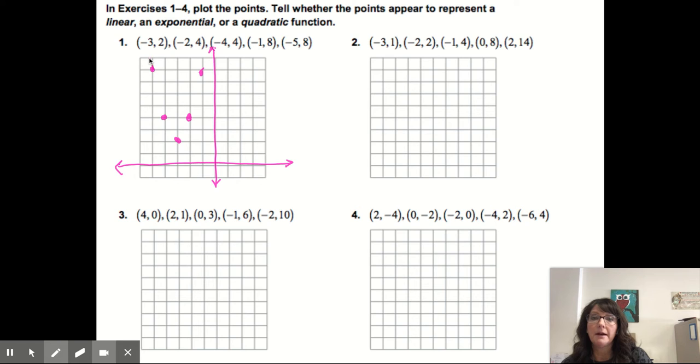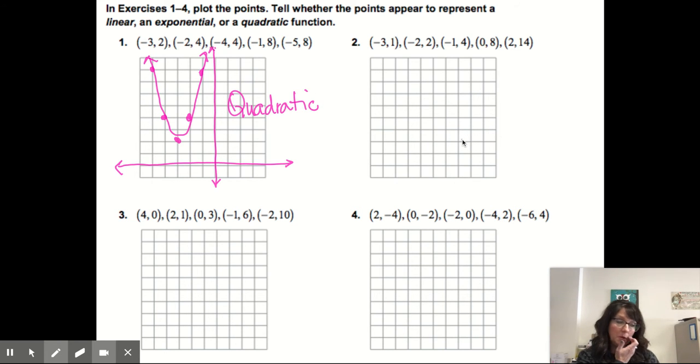So if you connect the dots, so to speak, it is a parabola. So parabolas are quadratic. And there we go.